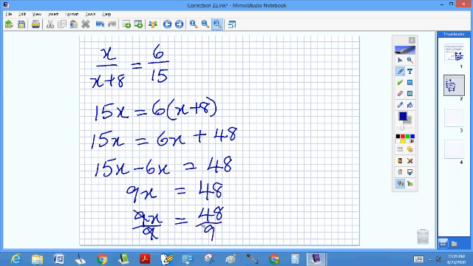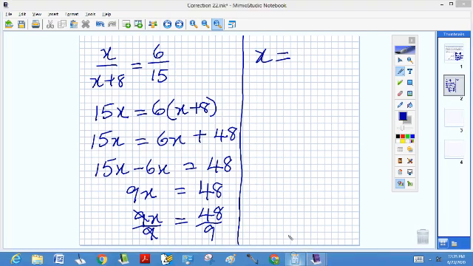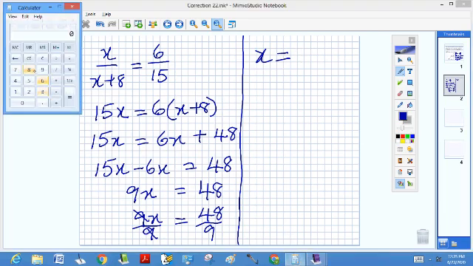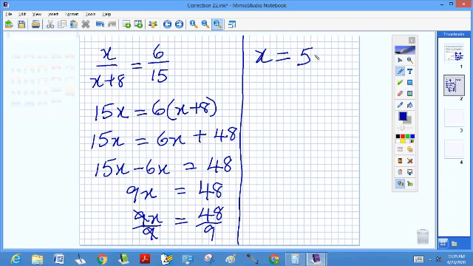9 cancels 9, and we have that S is equal to, using calculator, 48 divided by 9, which gives us 5.3 centimeter.